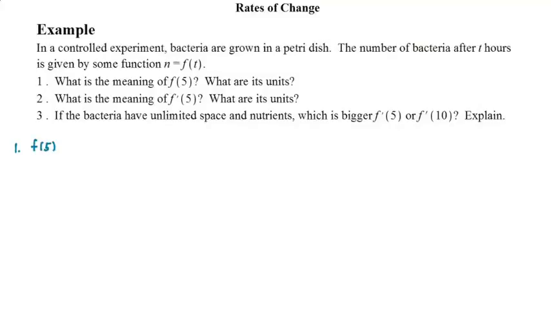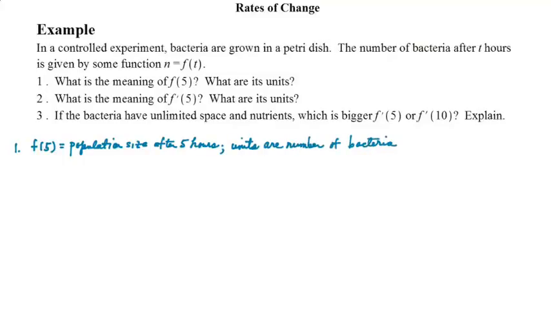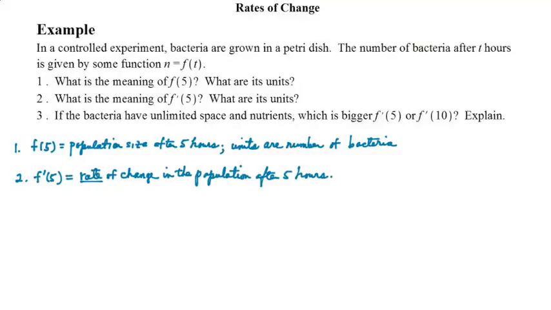Well, f of 5 would represent the population size, or the number of bacteria, after 5 hours, and its units would simply be the number of bacteria. f prime of 5 represents the rate of change, or rate of growth, in the population after 5 hours. Its units would be the number of bacteria per hour.